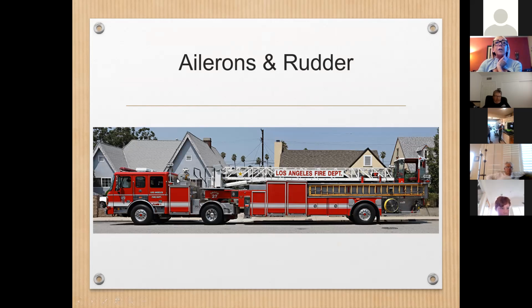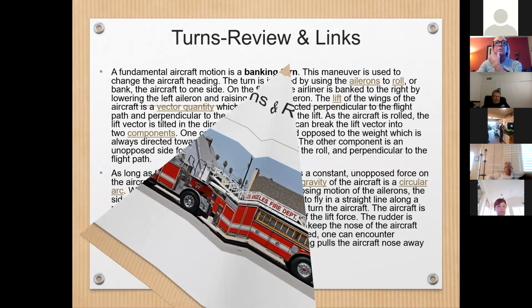So this gentleman or woman, this firefighter, is turning the fire truck, and this person back here has a steering wheel and also turns so that these tires aren't skidding or slipping back here. So thinking of the first fire truck is the aileron, and the ladder section is the rudder. That's the easiest way to remember that, and they're just used together.